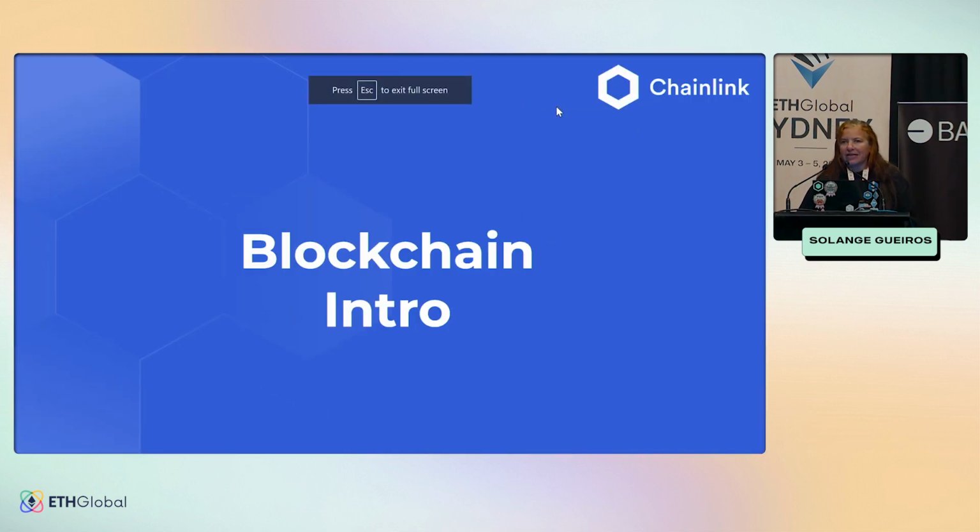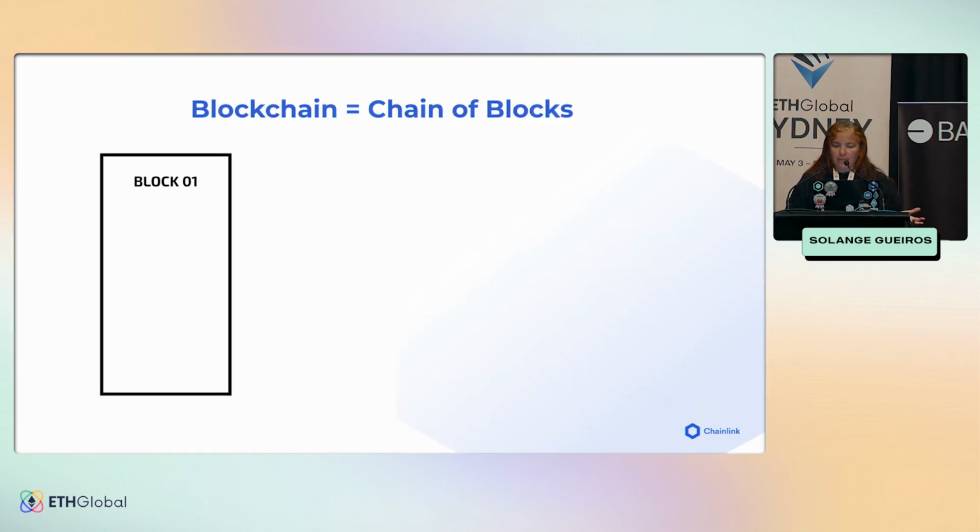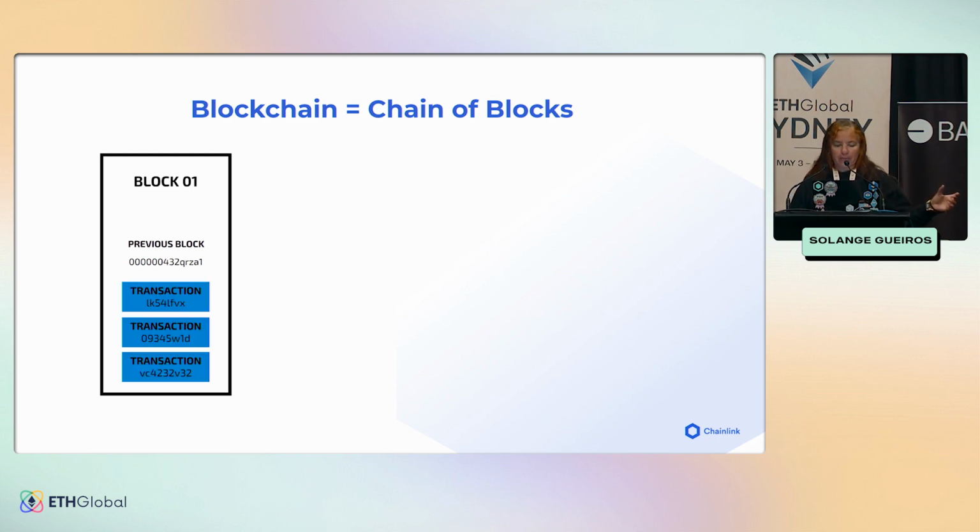And first, a really small introduction to blockchain. There are many ways that you can explain what blockchain is, but I say that blockchain is a chain of blocks. Each of these blocks has the hash, the cryptographic part, of the previous block, and also some transactions.